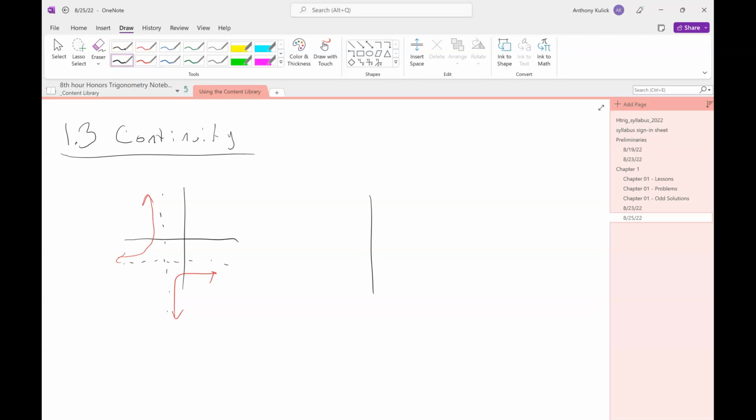Basically, if you can draw the graph with one pencil stroke, that's continuous. Does it have to go on in both directions forever? No. If it has endpoints like that, that's still continuous. I drew it with one pencil stroke. Is everybody okay with that notion?